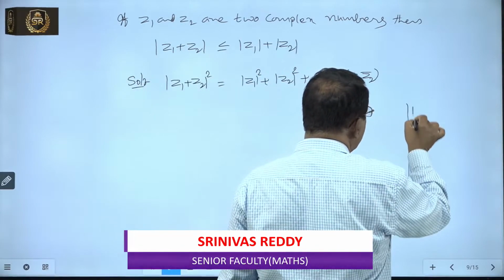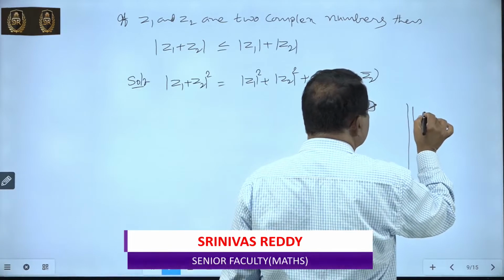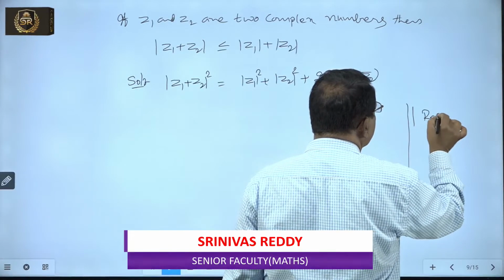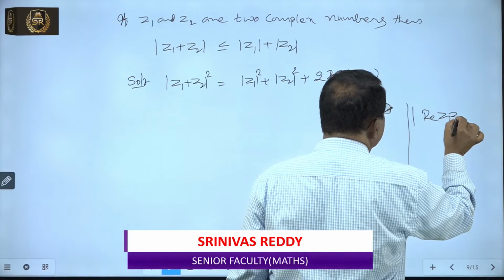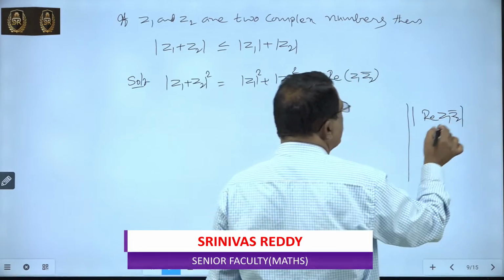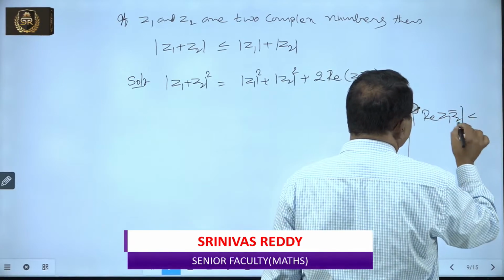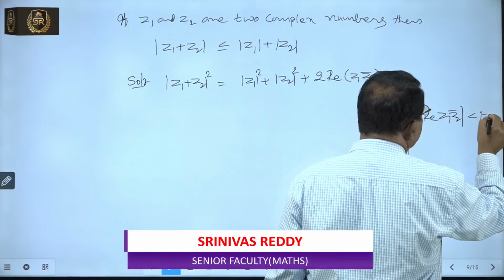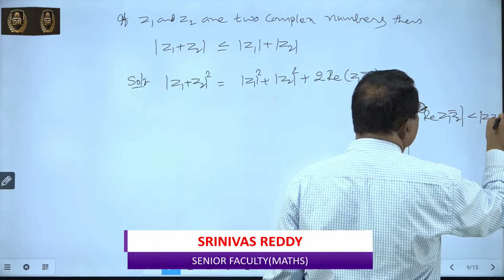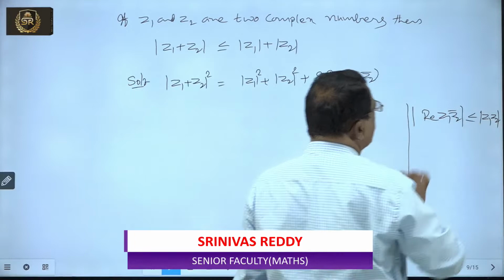But mod of real part of z1 z2 bar is always less than or equal to mod of z1 z2 bar.